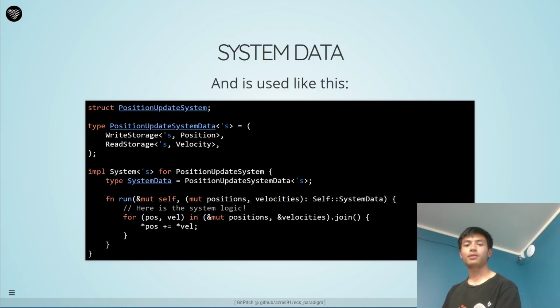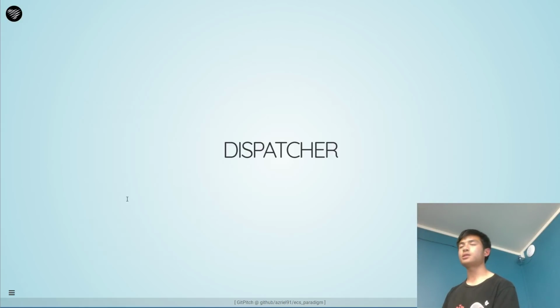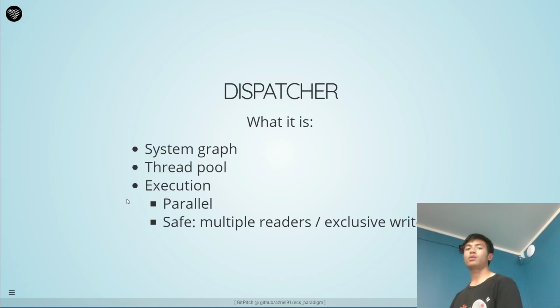Okay, so if we go to the next one, this is the dispatcher, which is the layer above the systems. So each system does one particular data transformation, or maybe it displays to the screen. So the dispatcher is the thing which orders those systems. It keeps track of what systems depend on which other ones, and how many workers there are, and also when I should execute particular systems.